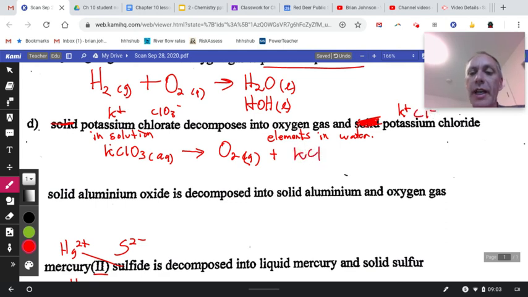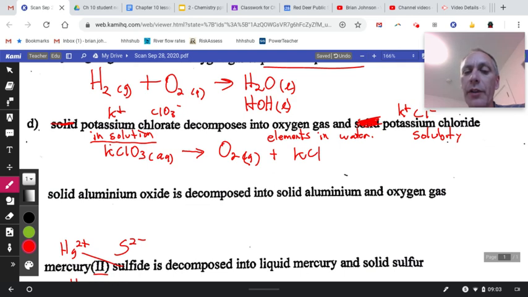Okay, what do I do with potassium chloride? This reaction is wet. It's happening in water. So what do I do with ionic compounds in water? I need to go and look it up. As this forms, is it going to form a high soluble or low soluble compound? So we need to look up solubility to see if it is very soluble, which will make it aqueous, or low solubility, which makes it a solid.